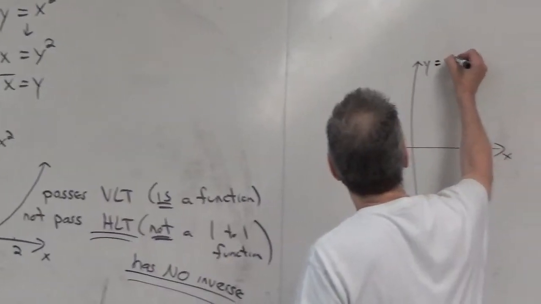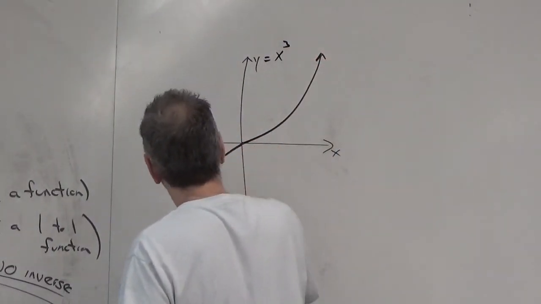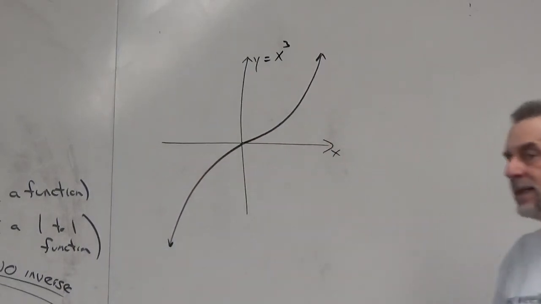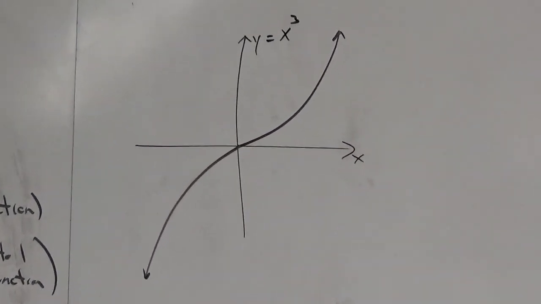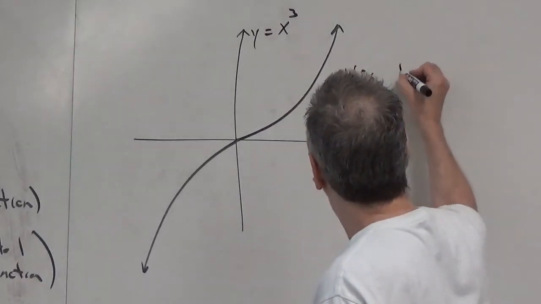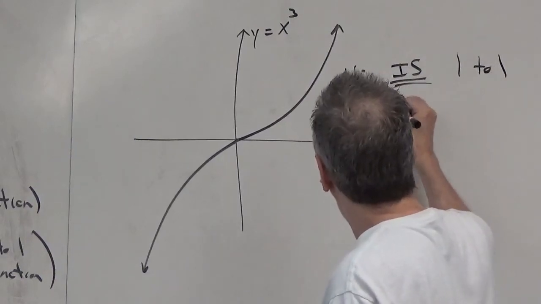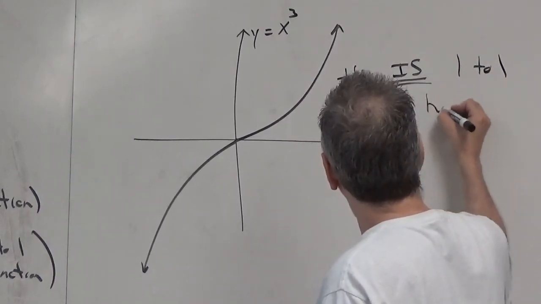If we look at something like x cubed, then we see a one-to-one function. That passes both the vertical line test and the horizontal line test. So this is one-to-one and does have an inverse.